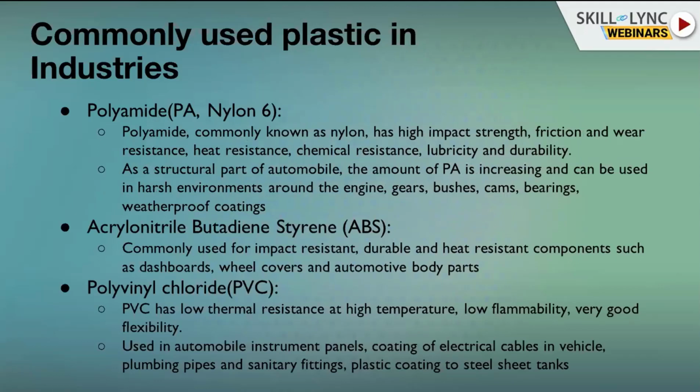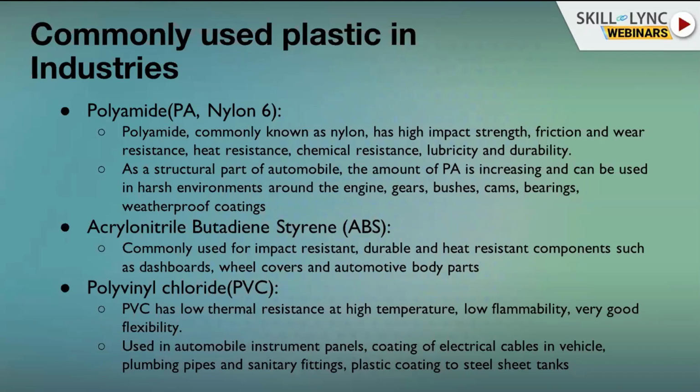The third material is polyamide, which we call PA or nylon 6. Polyamide, commonly known as nylon, has high impact strength, friction and wear resistance, heat resistance, chemical resistance, lubricity, and durability.